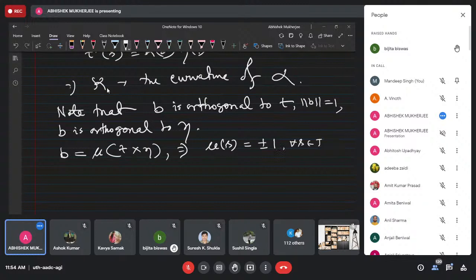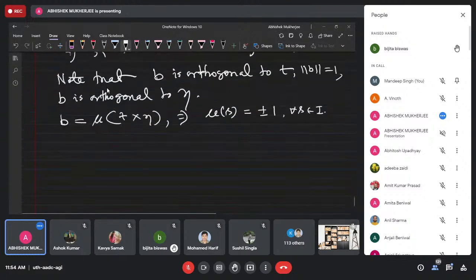But that mu is a constant map on I. So starting from s naught, you will see that at the initial point B(s naught) will be, as we have already defined, this K. But what is K?